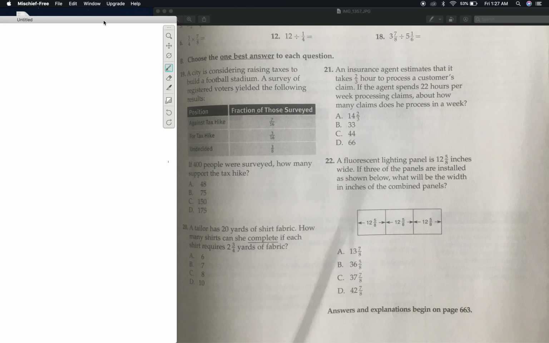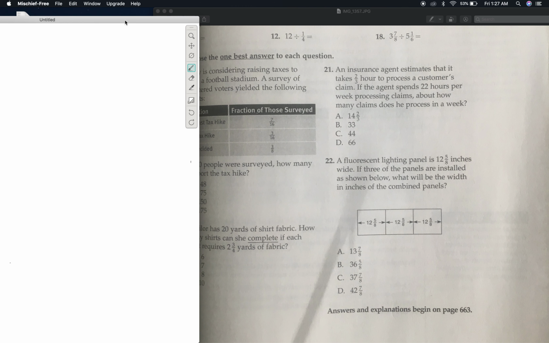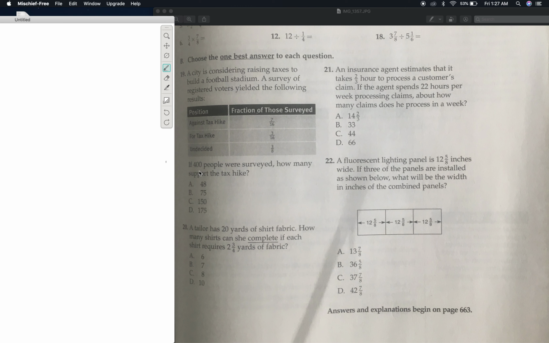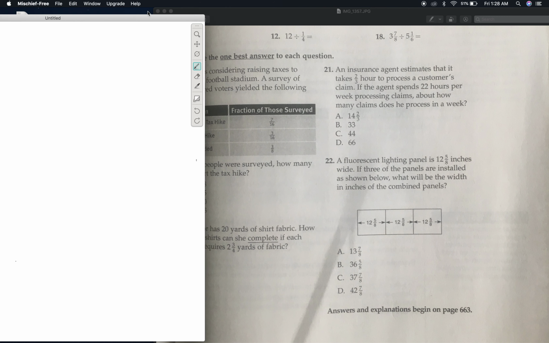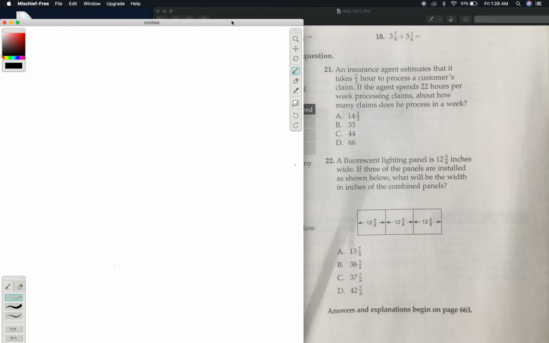Since we know that 400 people were surveyed, 16 represents the total amount of people, 400, and 3 represents the amount of the 400 that voted for the tax hike.